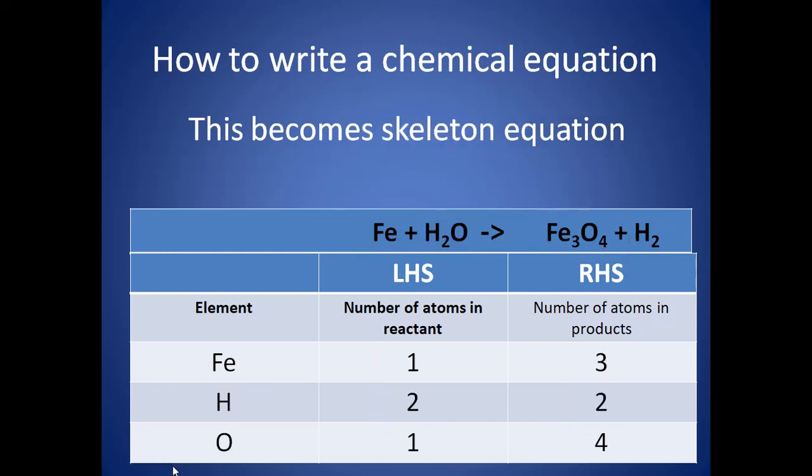But this was the initial equation. Why was this the initial equation? Why is this important? Because this is a skeleton equation. Skeleton means basic equation, which gives you the complete idea of what the products and what the reactants are, not the quantity. This reaction is also an unbalanced equation. Why? This was not balanced.